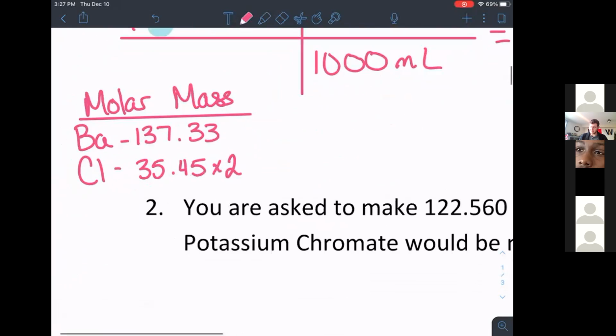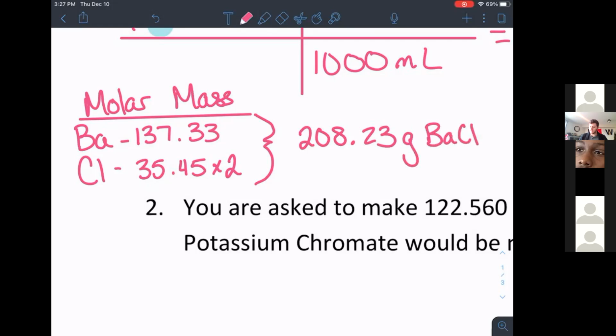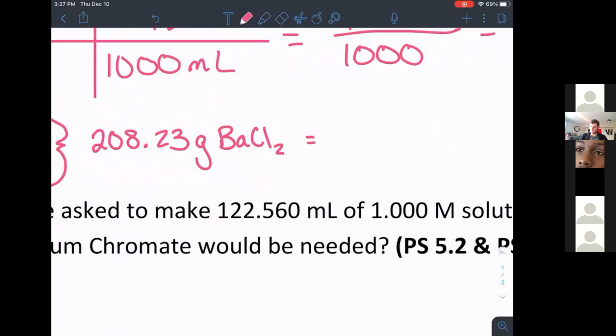So when I multiply that by 2, I can now add all of this together. And when I add all of this together, I'm going to find that my value is 208.23 grams of barium chloride is equal to 1 mole of barium chloride.